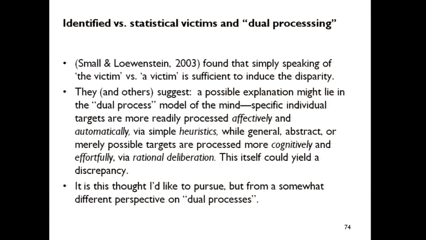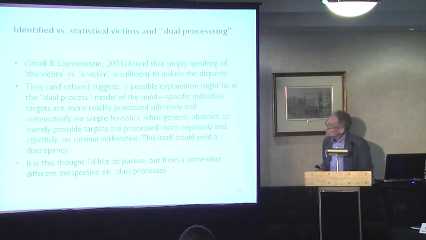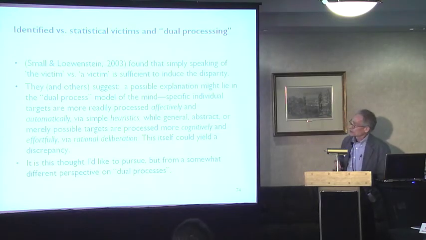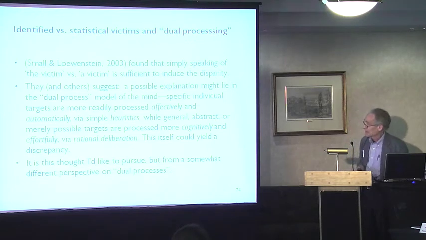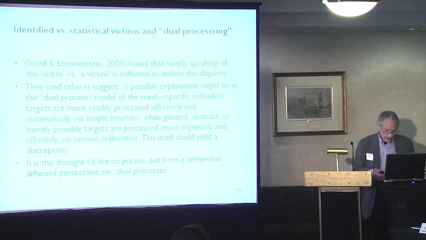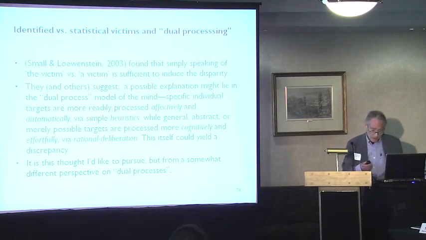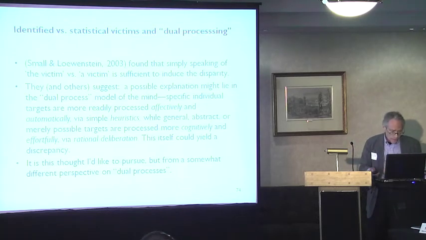So in the dual process model, this is system one. Specific individuals are processed affectively, automatically, via simple heuristics, while general, abstract, or merely possible targets are processed more cognitively, effortfully, and via rational deliberation. And that could certainly yield a discrepancy in what people answer, because two different processes don't have to agree.